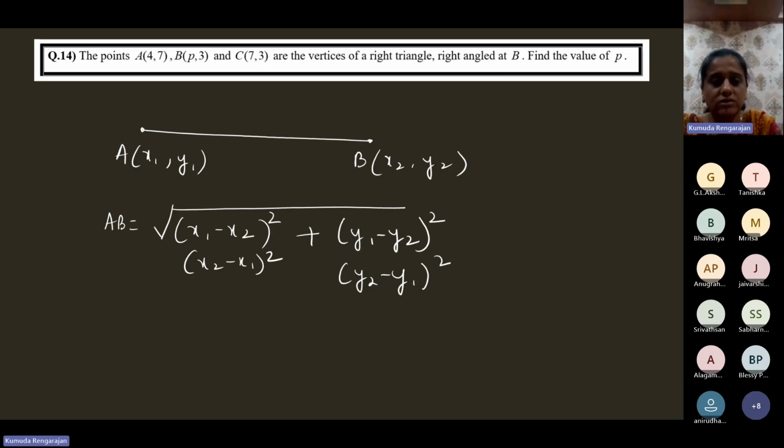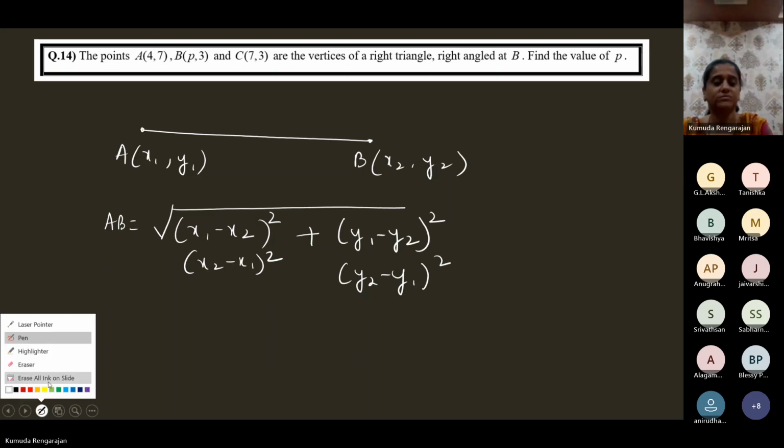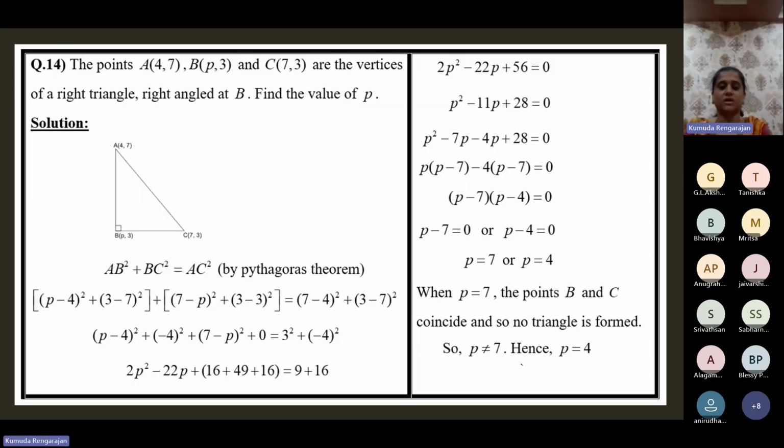That's the distance formula. Please work.